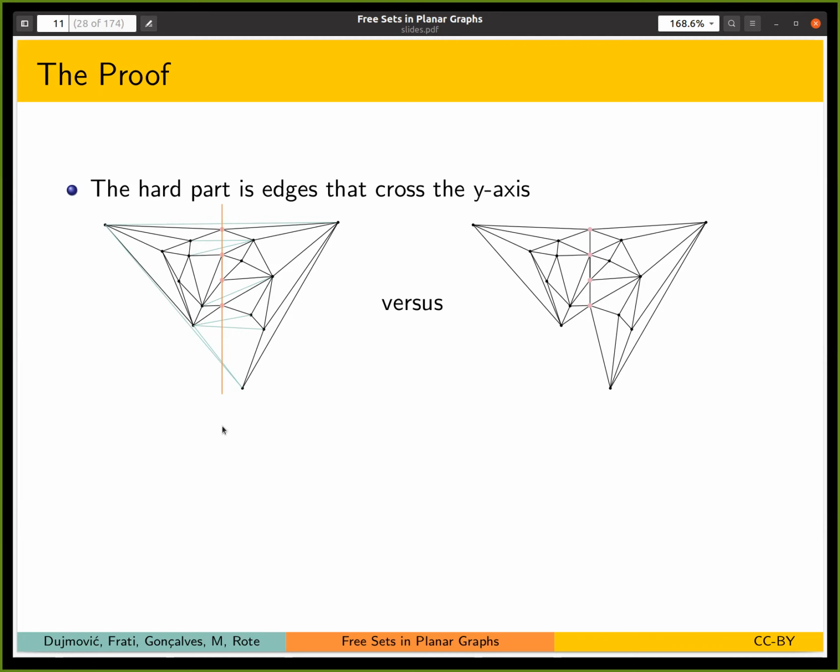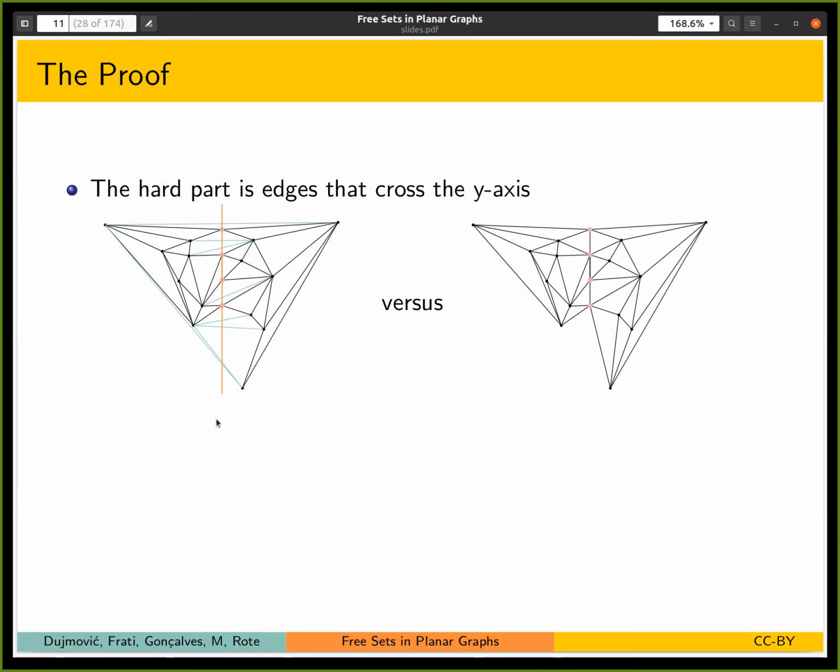First thing that I'll reiterate: the hard part comes from edges which cross from the inside to the outside of your proper good curve, or, if you already have a drawing in which those vertices are on a line, the edges which cross that line are the source of difficulty.